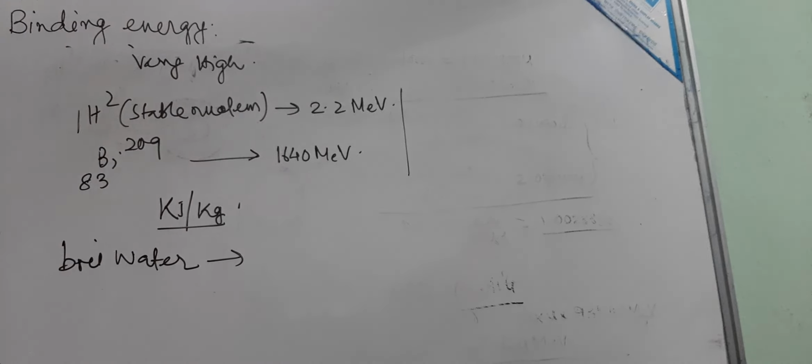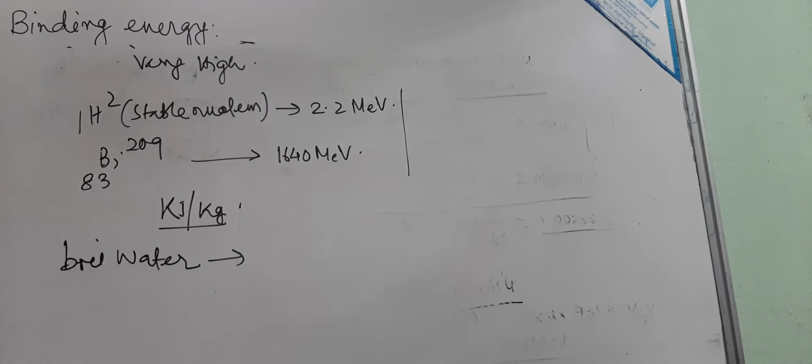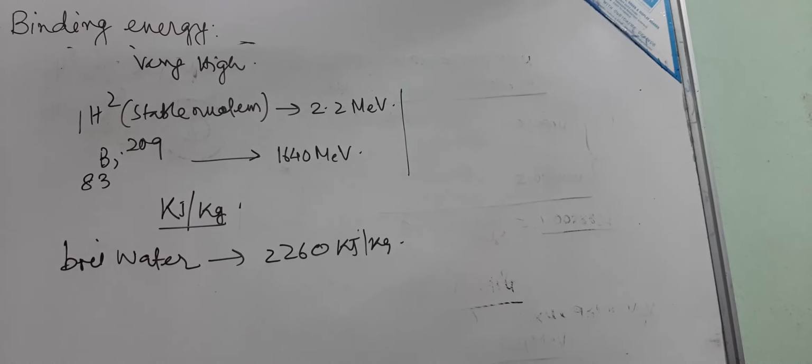How much latent heat is there? The heat of evaporation is 2260 kilojoule per kg for water.